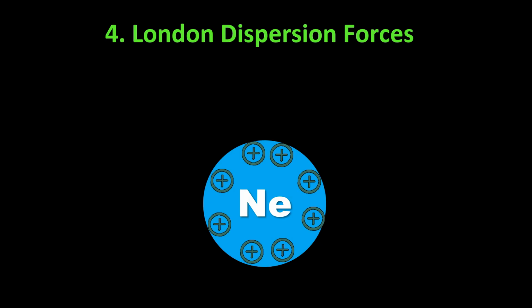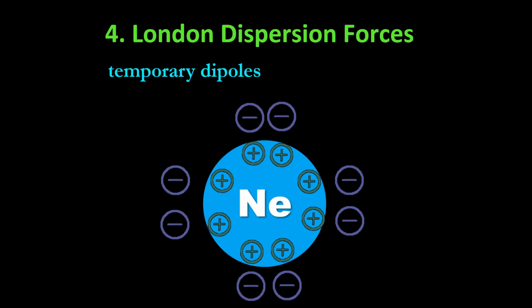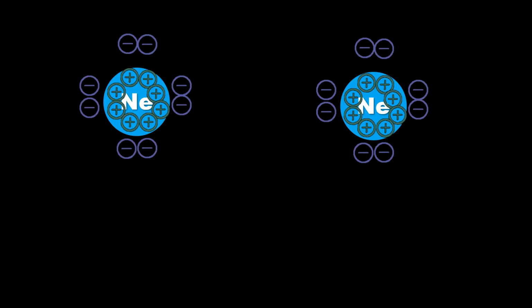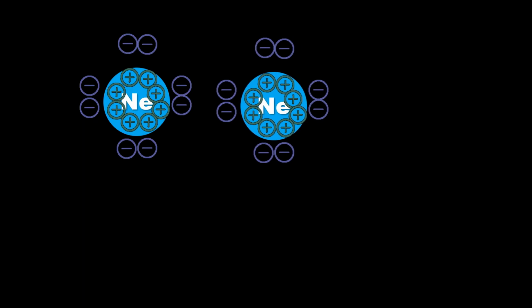Lastly, the London dispersion forces, or what we call the temporary dipoles. We have a neutral atom, neon. Neon has no charge, but if it moves close enough to another neutral neon atom, observe what happens to those charges.